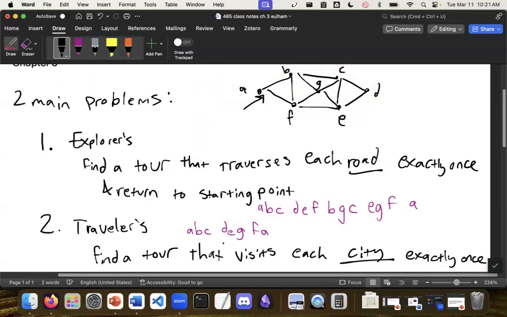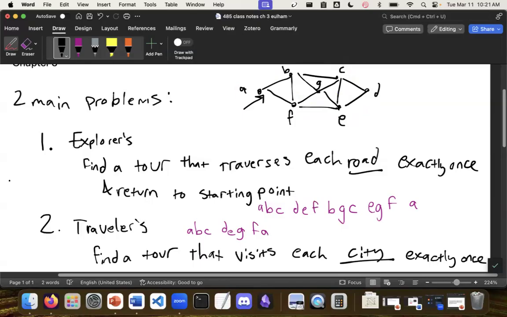There's also multiples of these. So the book gives an additional explorer's tour and an additional traveler's tour. So in some graphs, there may be multiples of these. The tour may not be unique, is the way that we say that.